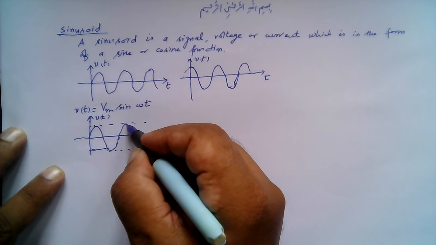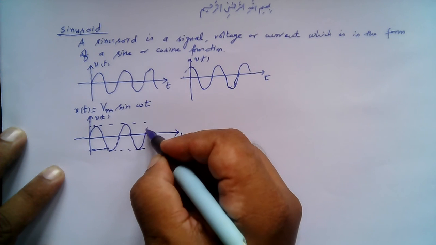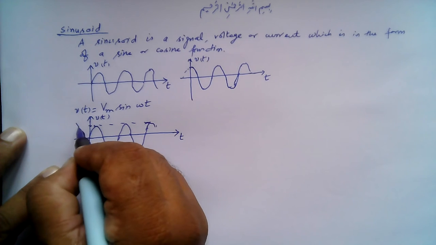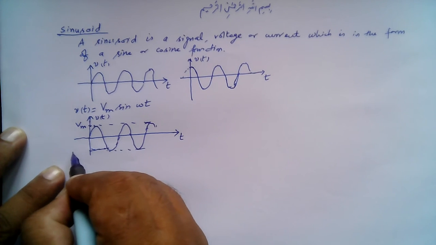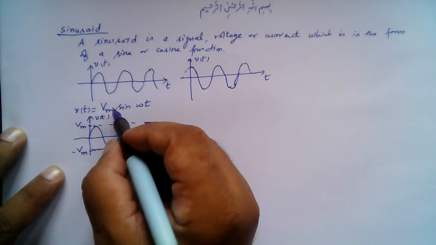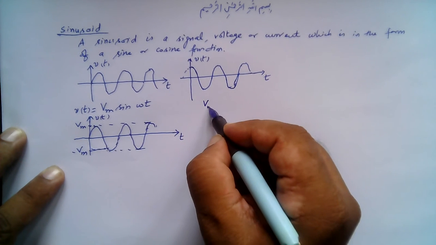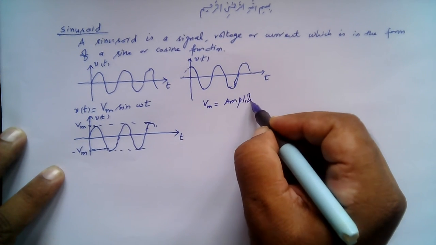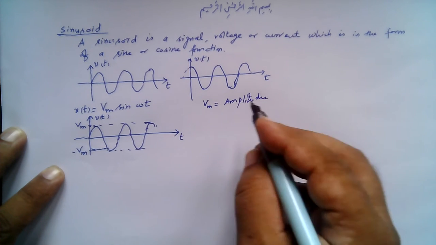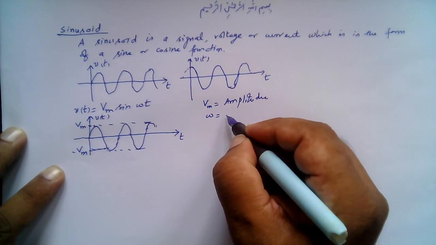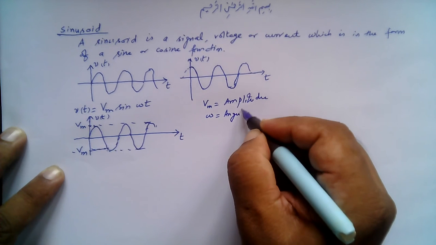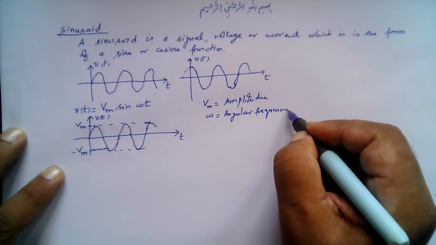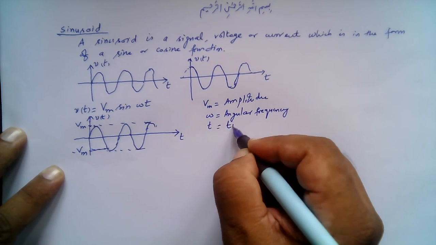So we have this. So this is a sinusoid, right? So this is the peak value Vm, and this is minus Vm here. So this is the amplitude or the peak value. Omega is the angular frequency, and t is time.